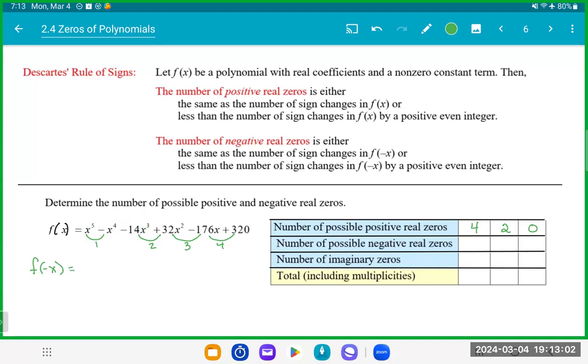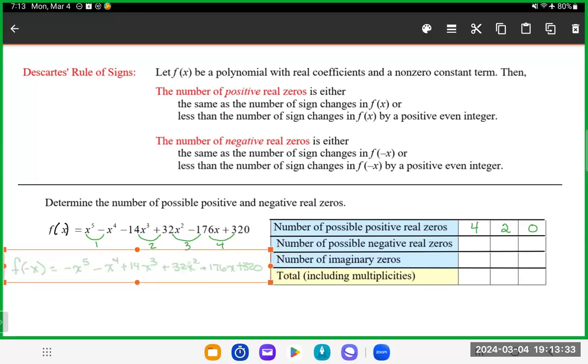So this becomes negative x to the 5 minus x to the 4, because it doesn't impact the even one. Minus, so now that's a positive 14x cubed plus 32x squared plus 176x plus 320.